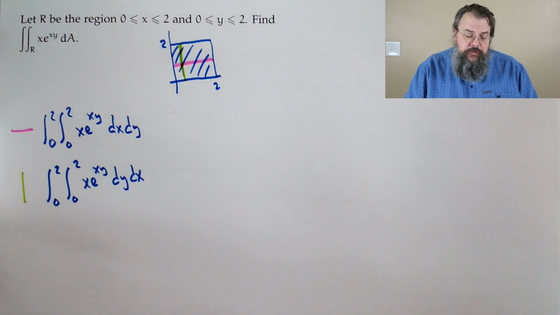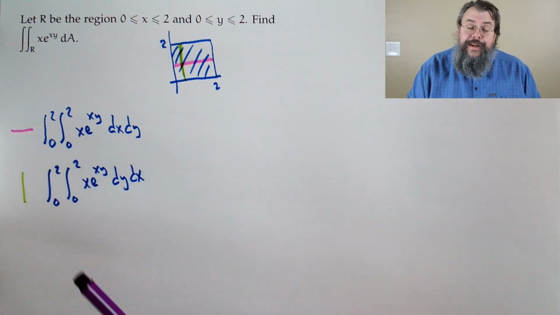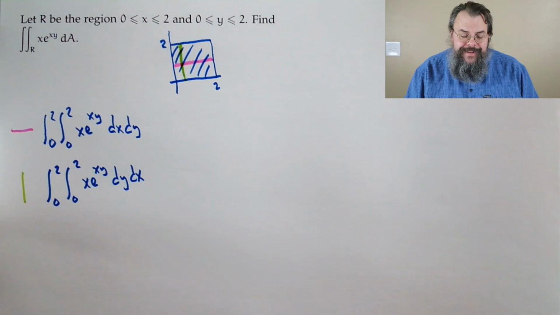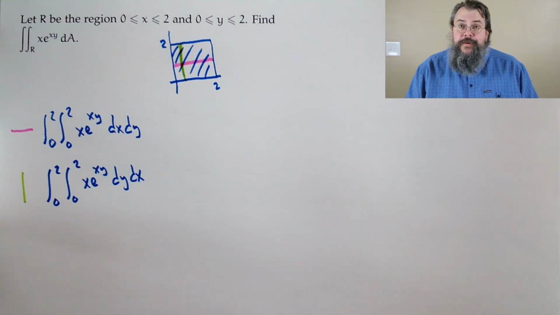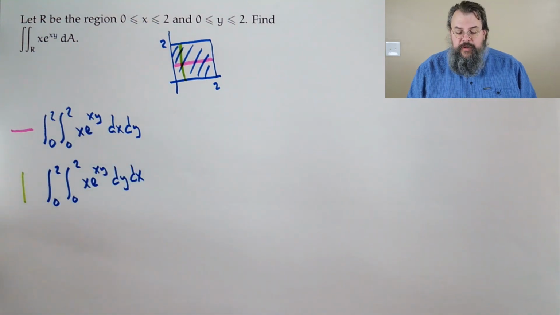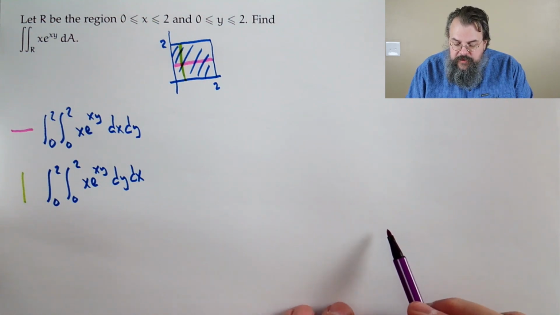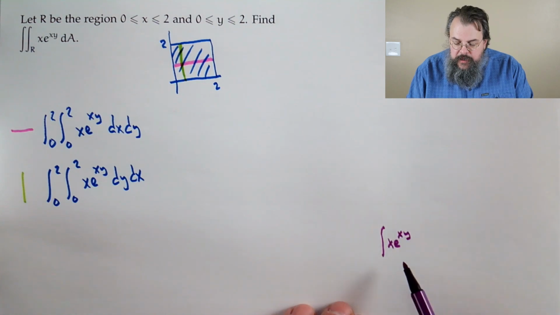Integrate dx dy. Now, if you were going to integrate this function, what technique would you need? Well, you need to do parts, because you have x e to the xy. There are two x's multiplying together. So let's come to the side here. The integral of x e to the xy dx.